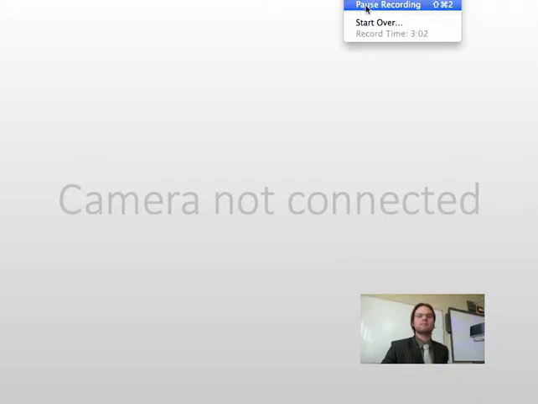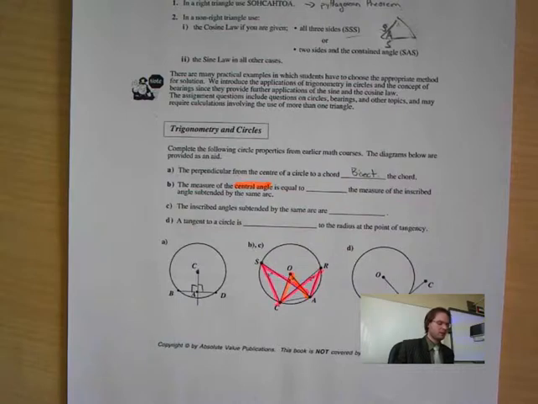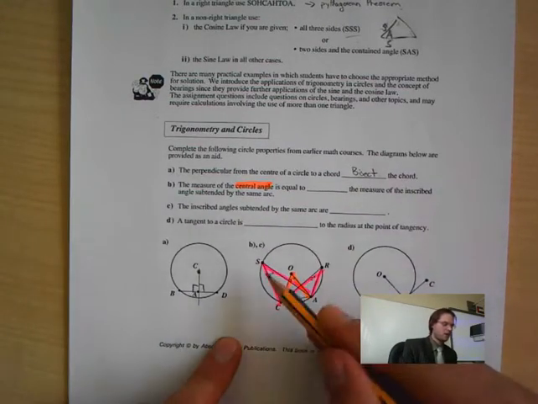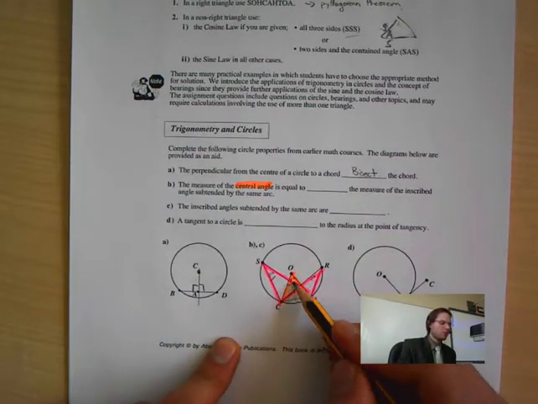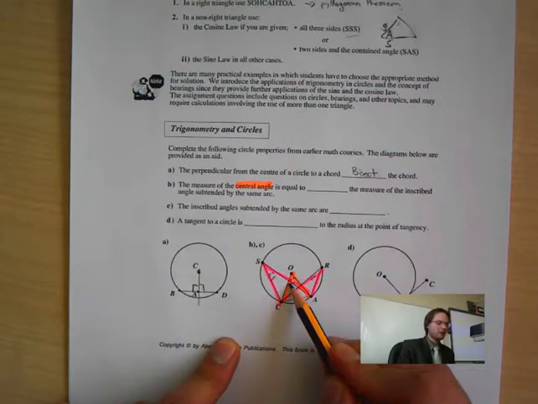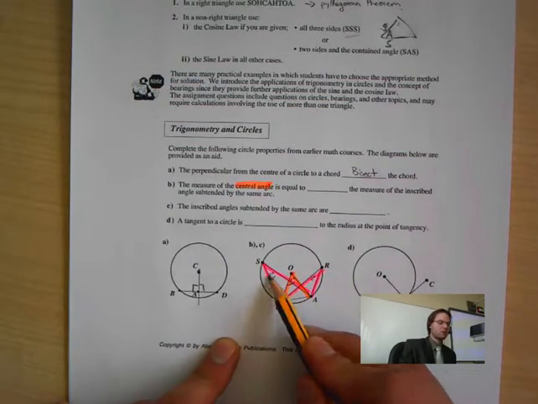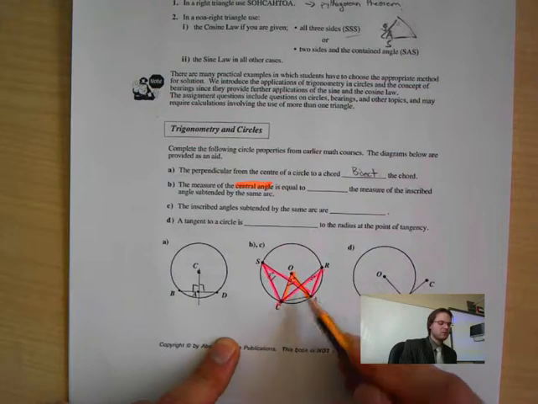I'm going to look at the first one I highlighted at the beginning, which is this pink one here with angle y. Now, angle y and angle x: x is always bigger than y. It's the central angle, and they're both coming from the same feet of the circle.